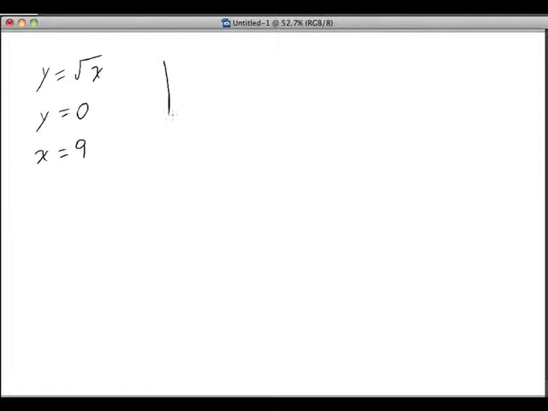Now I know what the square root of x looks like. It's half of a parabola. I'm going from 0 to 9. And y equals 0 is the x-axis. It should enclose a region such as this.